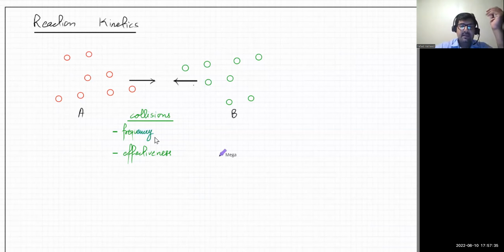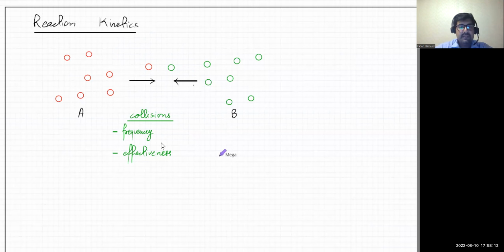Frequency is, the particles can be colliding with each other 100 times per second, right? Effectiveness is how vigorously they are colliding. For a reaction to happen, the old bonds have to be broken. So this particle should collide with this particle with a lot of force. If they collide with a lot of energy, that is when a reaction might happen, when old bonds might be broken and new bonds can be formed. So the particles have to collide effectively. You can't have one and not the other. It has to be both.